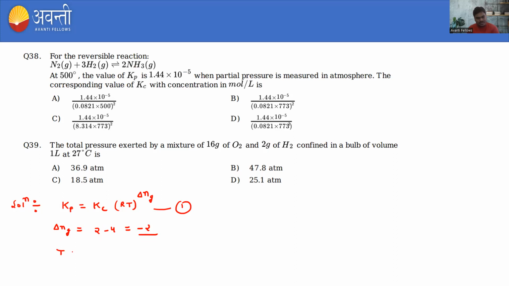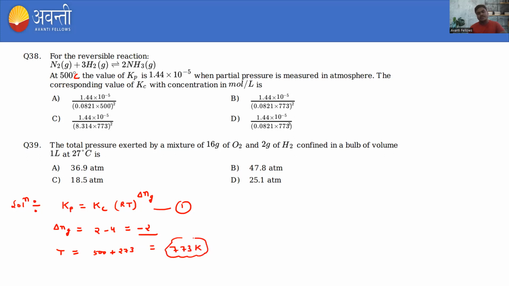What is the temperature in this question, beta? The temperature is given as 500 degrees Celsius. So the temperature becomes 500 plus 273 Kelvin, which comes out to be 773 Kelvin.